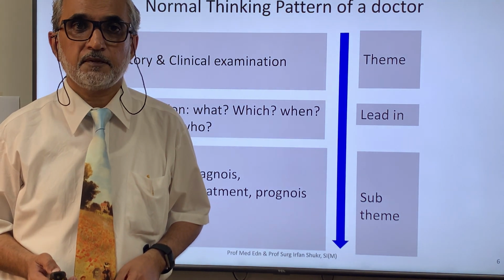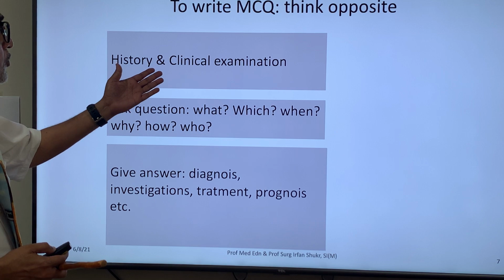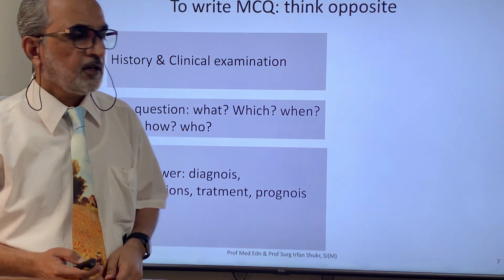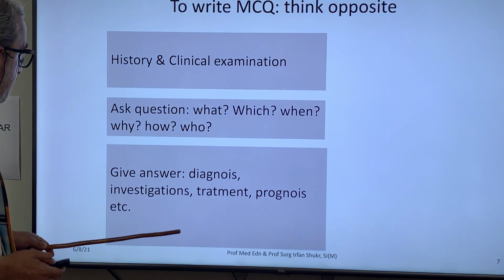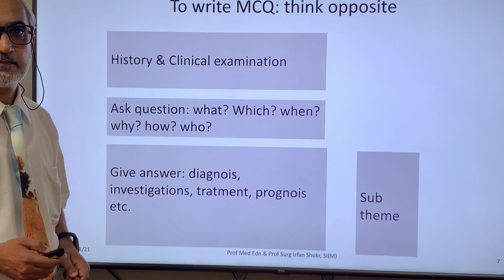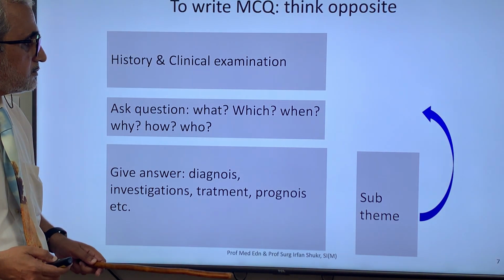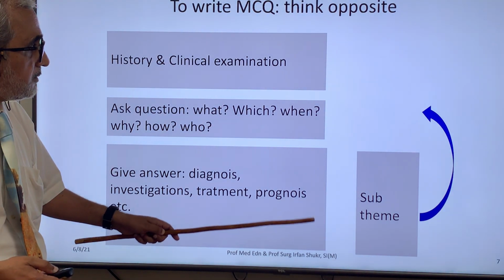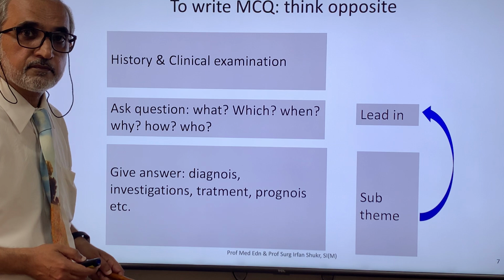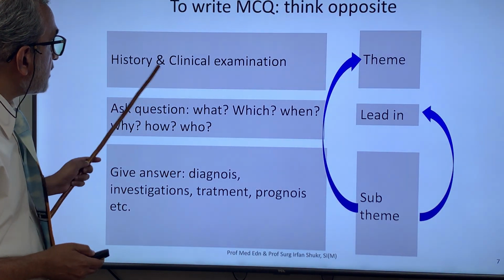But there's a problem. Once you have to write an MCQ, you have to think opposite. First, you have to think about sub-themes. So first you have to think of sub-theme, and from sub-theme, one is going to write a question statement, and from sub-theme, the information statement.